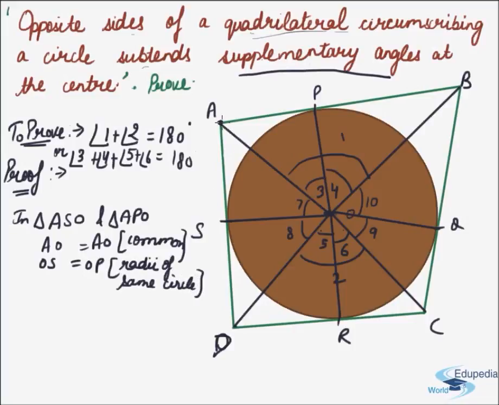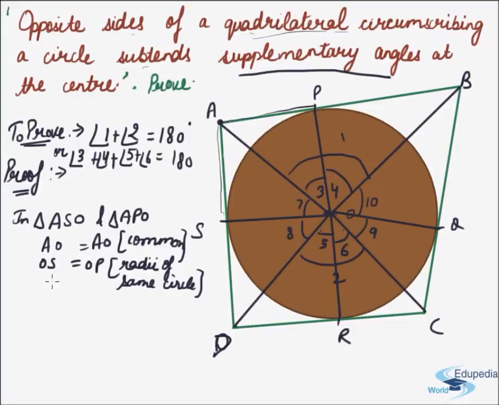Now if we consider A as an external point with respect to the circle with center O, we can see that AP and AS are in fact 2 tangents from the external point A, because AB is touching the circle specifically at a single point, that is P, and similarly for AD.